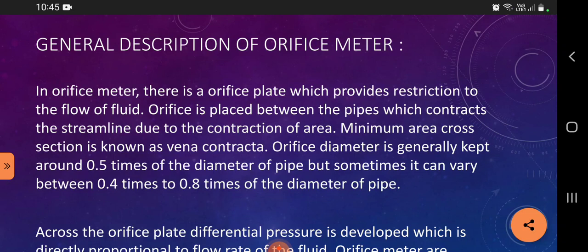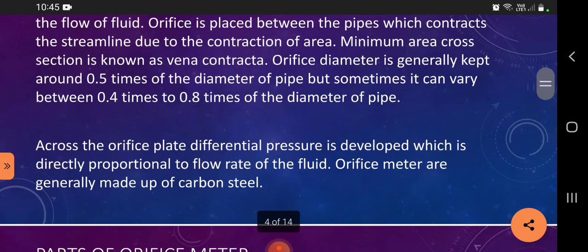The orifice diameter is generally kept around 0.5 times the diameter of the pipe, but sometimes it can vary between 0.4 times to 0.8 times the diameter of the pipe. Across the orifice plate, a differential pressure is developed which is directly proportional to the flow rate of the fluid. Orifice meters are generally made of carbon steel.